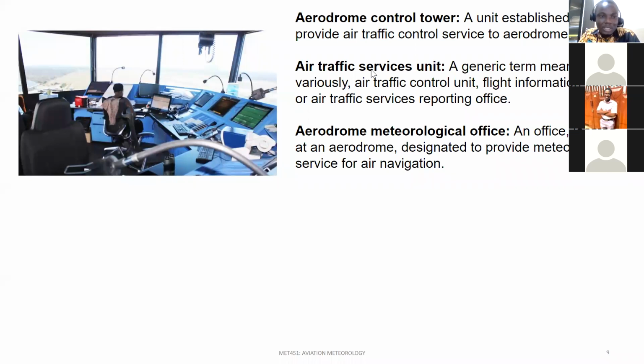For those who have been traveling a lot, when you get into the airport, you notice that there is various information as to, okay, this is the moving aircraft. This one is delayed. This one is moving at this time. Maybe they are boarding at this time, and so on and so forth. Okay, all those are part of the air traffic services unit, and not just only the one on the runway or the taxiway or the apron or ramp.